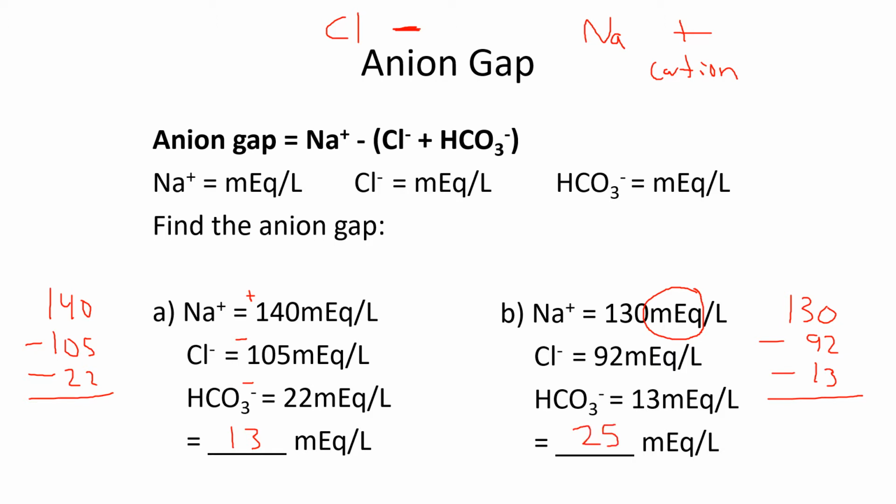So what is an MEQ? What does MEQ stand for? Yep, so MEQ stands for milliequivalence. And what an equivalence is measuring is charge. So since we're talking about ions, we got to measure charge. And we'll talk about pH shortly, which measures positive and negative charges. MEQs, milliequivalence.